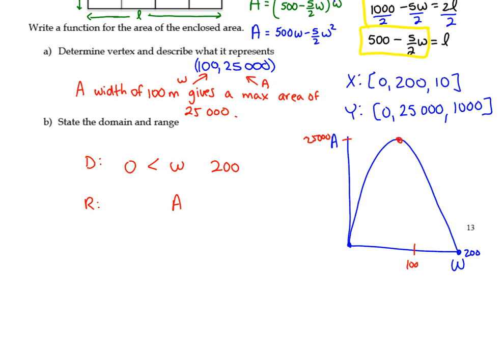No. If the width were 200, would there be anything left for the length? No, so it's just between 0 and 200. Your area is between 0 and 25,000. If your area was 0, is it a rectangle? No. So just greater than. Can it equal 25,000? Yes, that's the maximum. Okay, so that would be your domain and range.